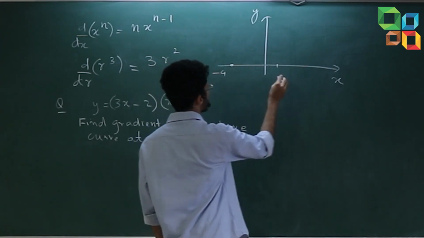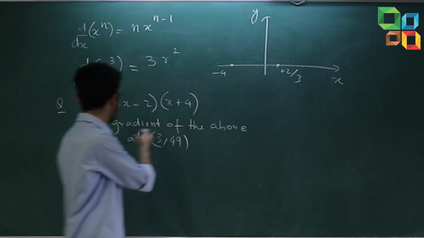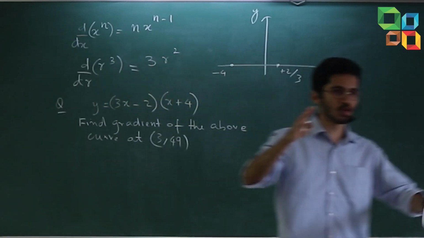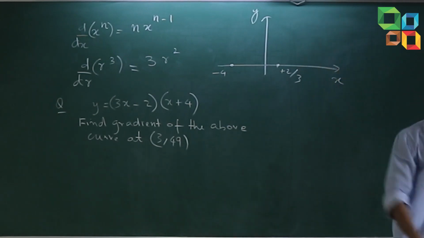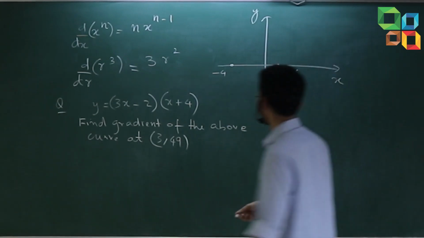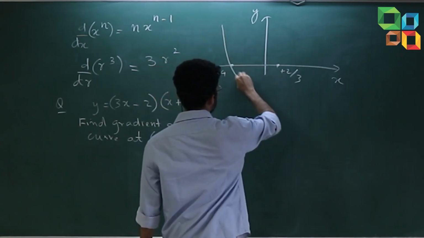So this is minus 4, this is plus 2 by 3. These 2 points lie on that curve. And what does this curve look like? Do you know what a quadratic polynomial looks like? Something like this, a parabola. So it will be somewhat like this.